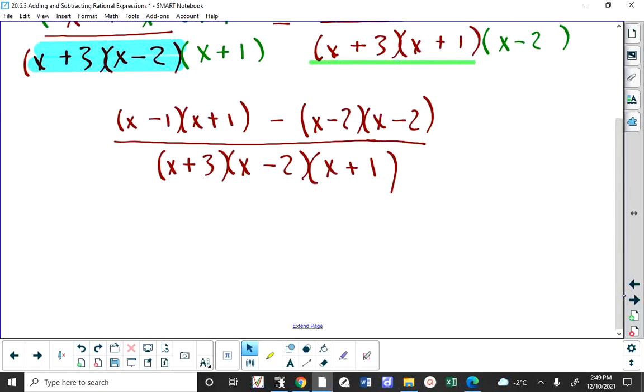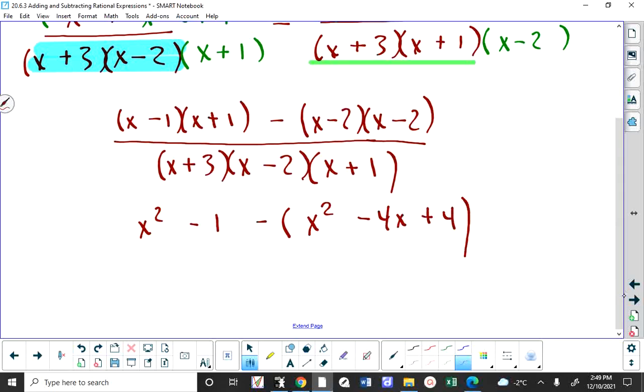So x minus 1, x plus 1 is x squared minus 1. Those are conjugates. We don't need to FOIL it. We can just go x times x minus 1 times 1. Minus, don't forget your set of brackets because you're subtracting something, x squared minus 4x plus 4.